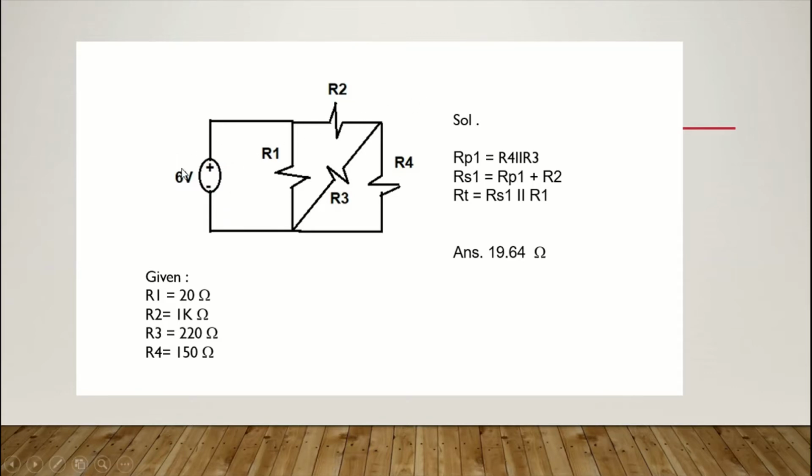Pero pag in other cases, kapag nandito yung source sa right, tapos nandito yung complicated circuit, yun yung paliitin nyo muna. I-combine nyo yung complicated circuit to make it simple. Tapos, ang direction ng inyong pag-solve is papunta dun sa source. So, in this case, we're going to solve from right towards left.